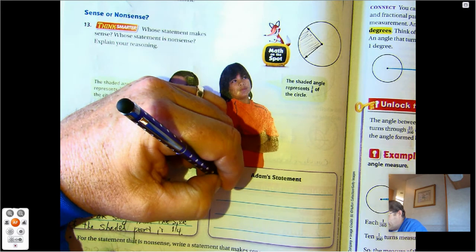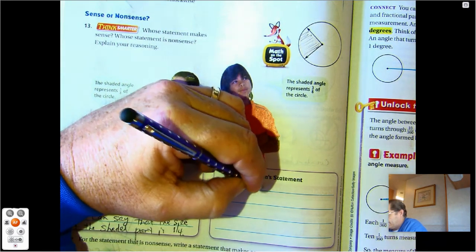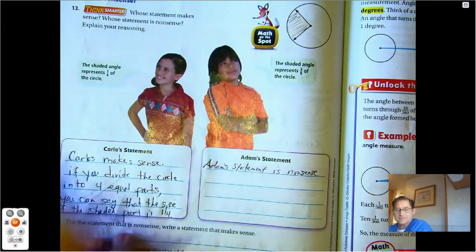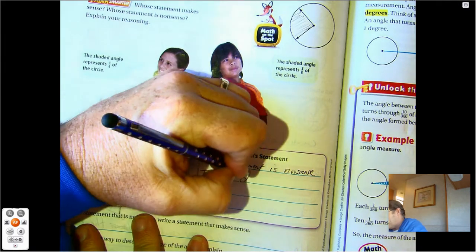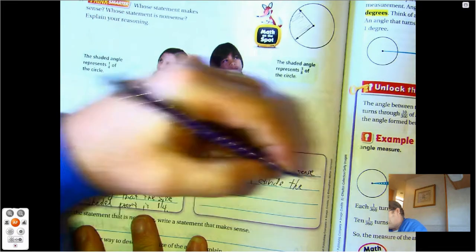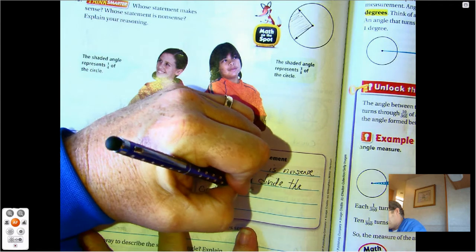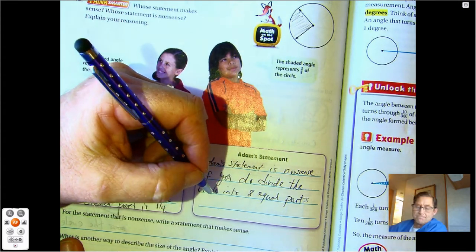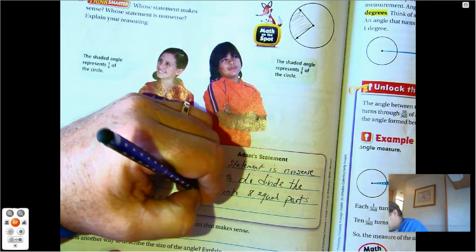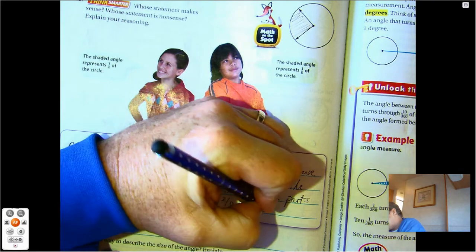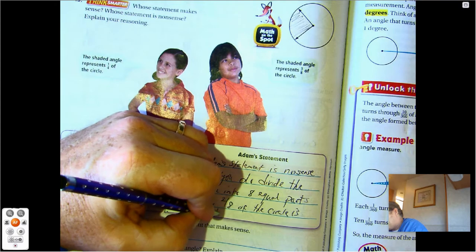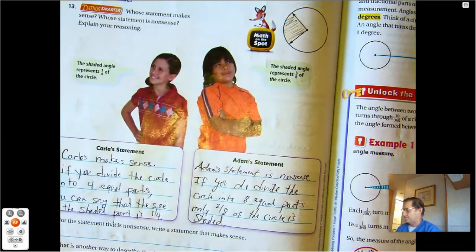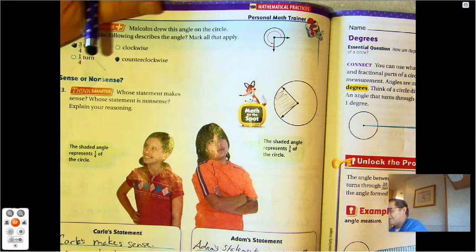Adam's statement is nonsense. So let's look at a fourth.